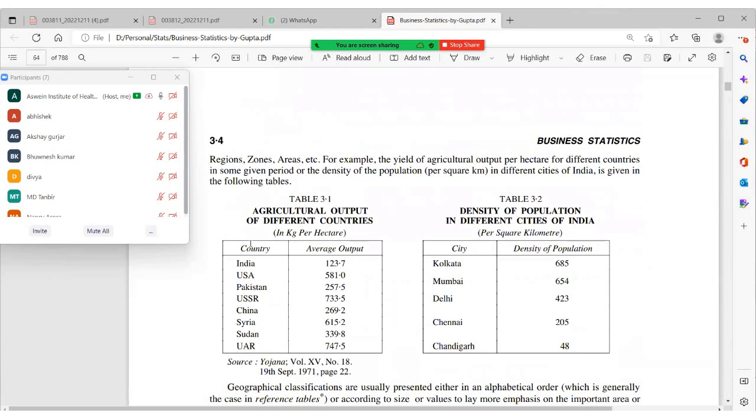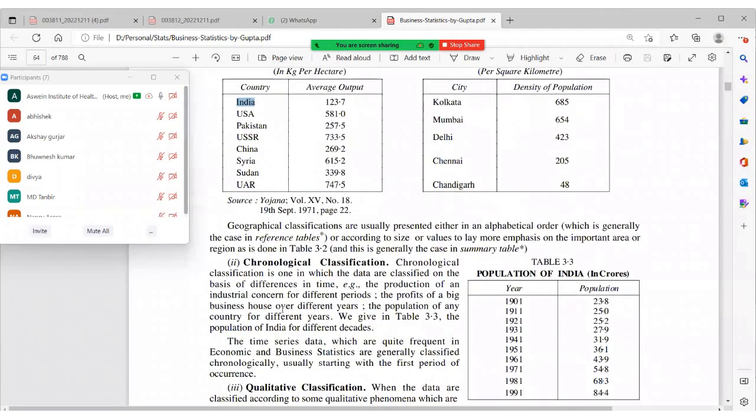For example, in the first column we write the country, the second one is average output: India's average output, USA, Pakistan, and so on. We made this table on the basis of geography, right? That means locality-wise, area-wise.